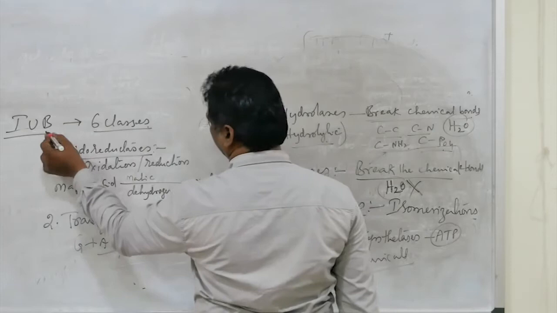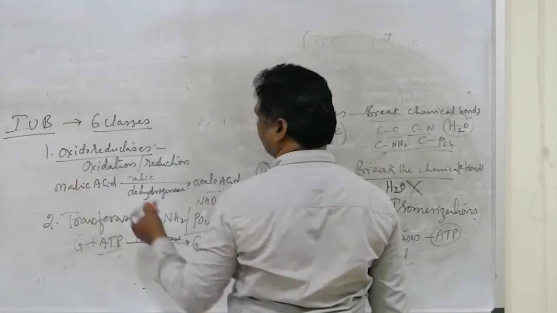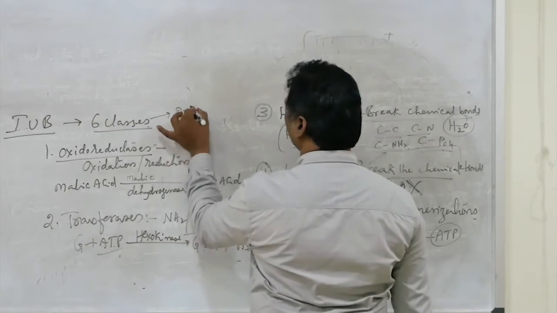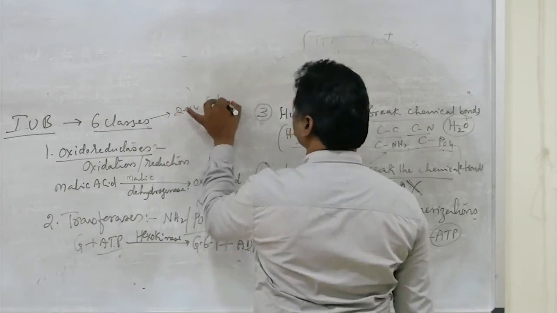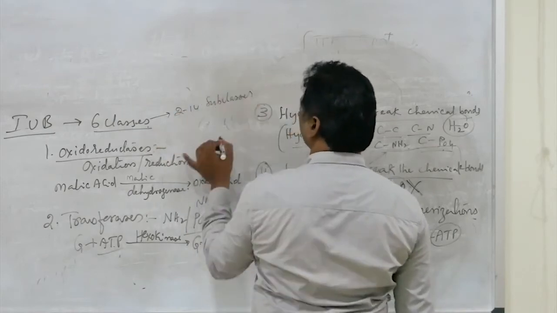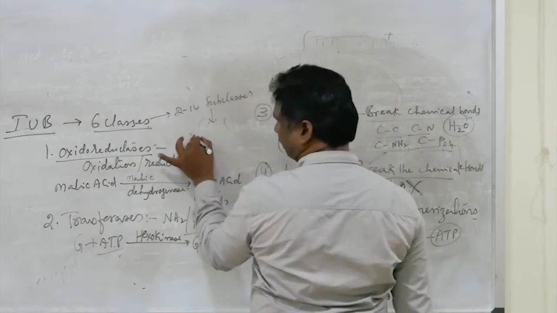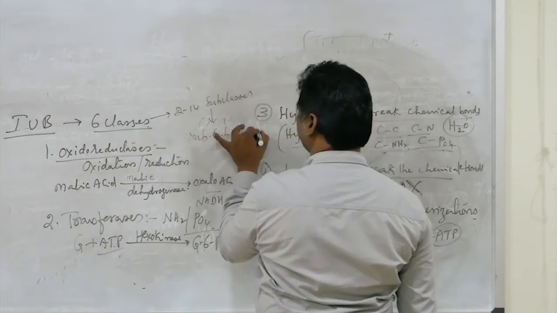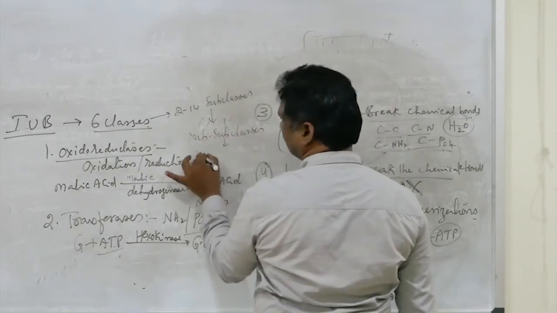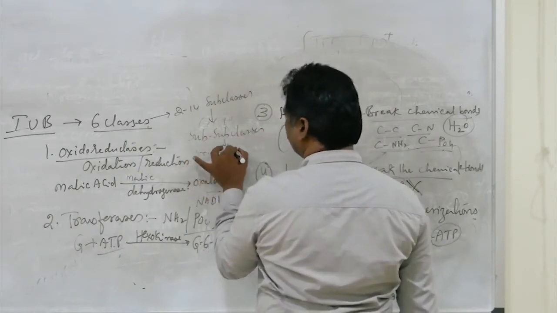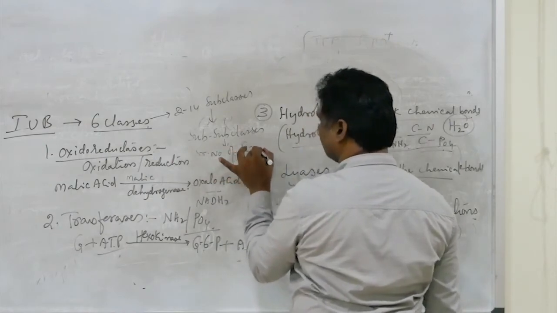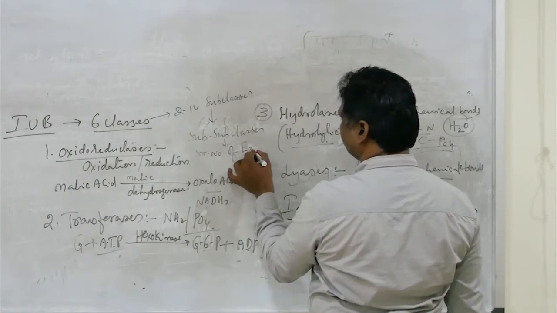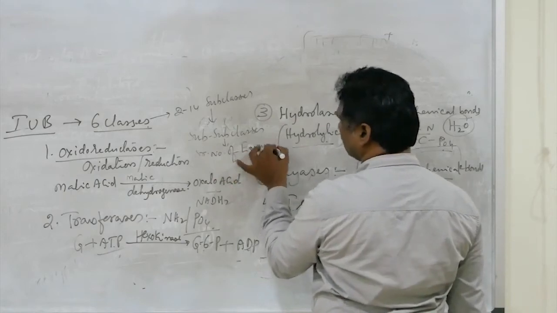According to the IUB, International Union of Biochemistry, those 6 classes are divided into subclasses, and those subclasses are again divided into subclasses, and then the serial number of the enzyme is put.